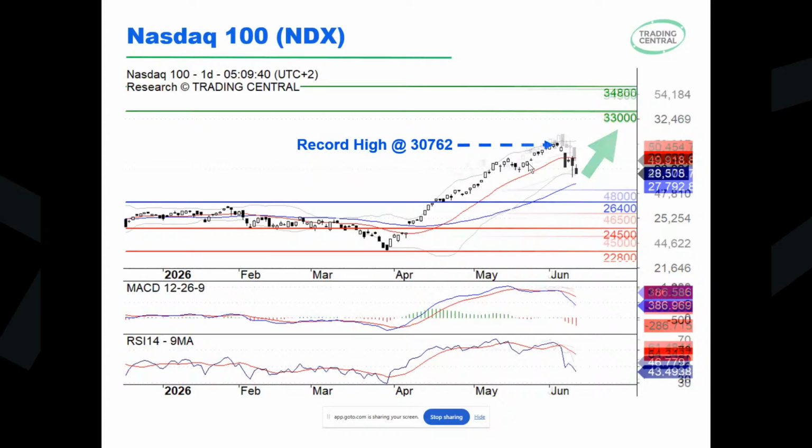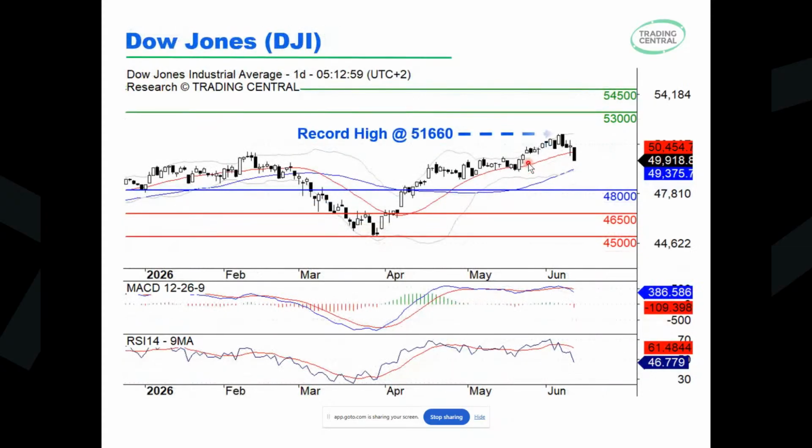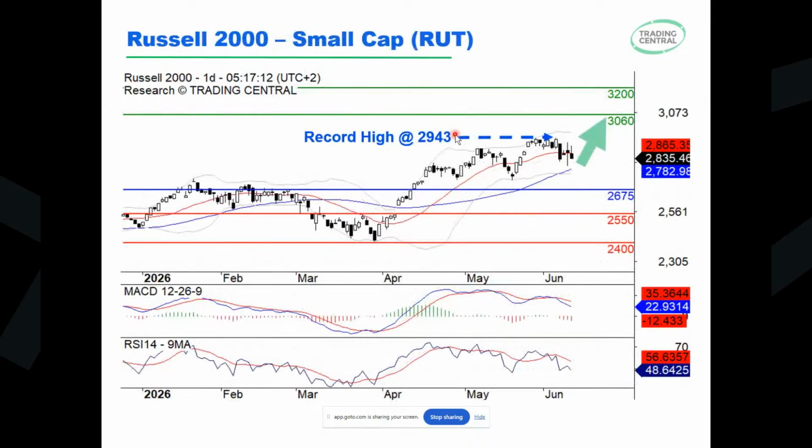How about the Dow Jones? The Dow Jones hit 51,600 a few sessions ago. And also the small caps. It is a little bit of a surprise to me that the small cap Russell 2000 index consolidates less than the other major indices.